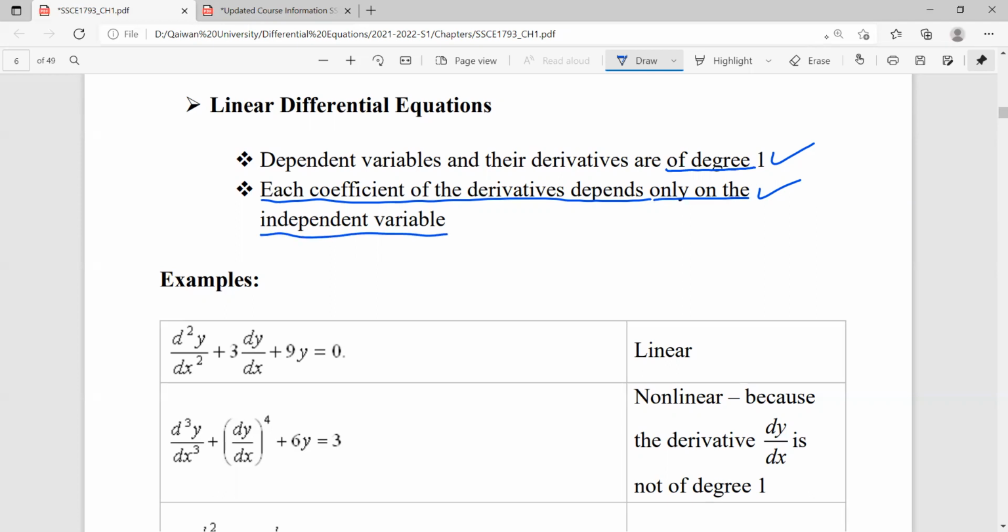That means we must have either constants or independent variables as the coefficients of the derivatives. If any equation satisfies these two, it means that differential equation is a linear differential equation.